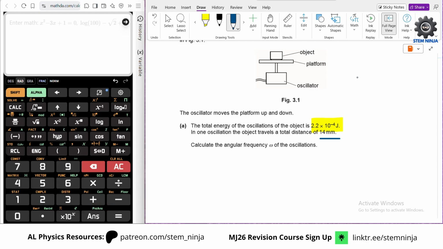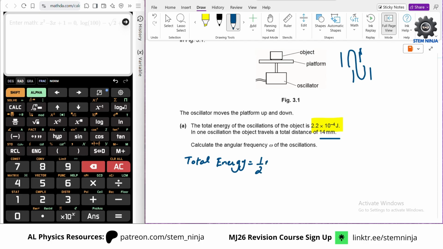Okay. So you see the total distance, basically, it is basically this. So 1, 2, 3, 4. So basically, half of this would be an amplitude. And, no, sorry, quarter of that would be an amplitude. So we know the total energy of a system in simple harmonic motion.